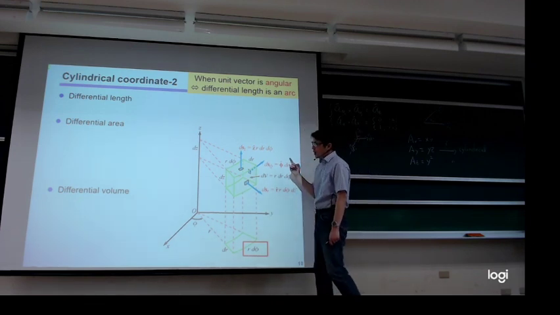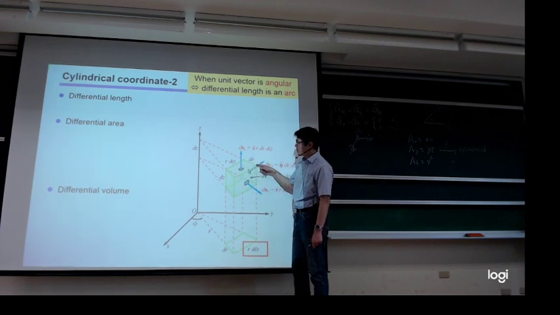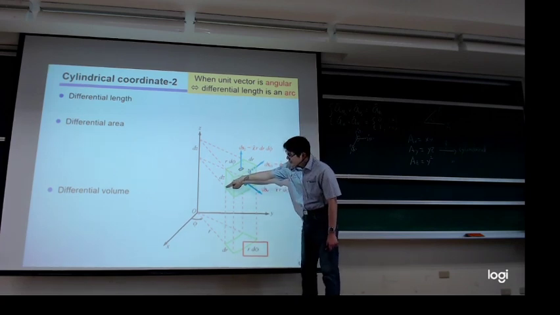So again, the question is, how can we walk from one point on this three-dimensional object to reach its diagonal point? We can start from this point and walk along this path.